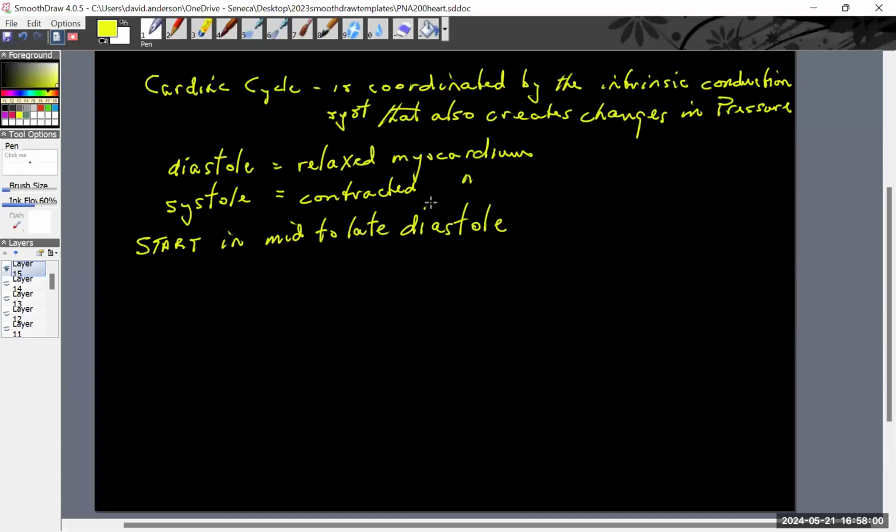Now, in this case, we didn't specify whether we're talking about atrium or ventricle. So in reality, we're talking about the ventricle. But this is the point, mid to late diastole. And the reason we start here is that all chambers are relaxed. So all chambers, in other words, they're all in diastole.